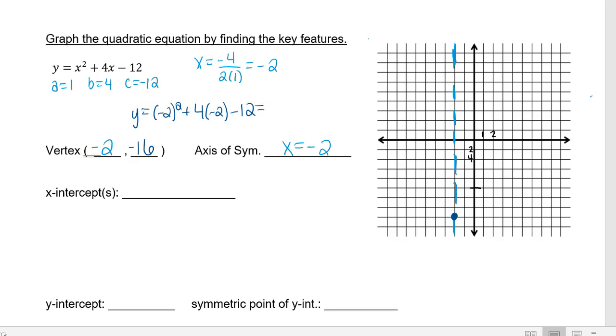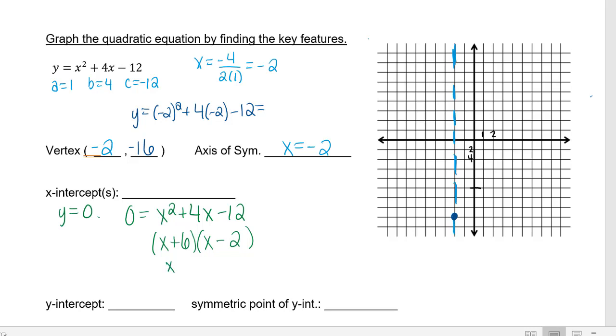Now diving into our x-intercepts, all we do is replace the y to be equal to 0. So 0 = x² + 4x - 12, and then we look to factor. What two numbers multiply to -12 and add to +4? -2 and +6.